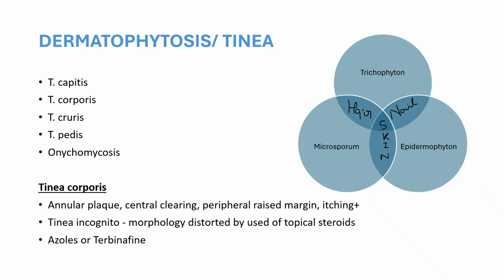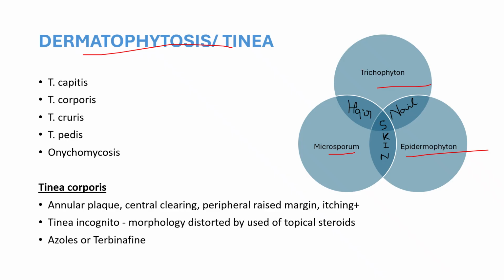Dermatophytosis we have talked about previously. We'll just cover whatever I've talked about previously, regarding the species and all. I've added a slide. So this is trichophyton, microsporum, and epidermophyton. Trichophyton involves hair, nail, and skin. Microsporum does not involve the nail.